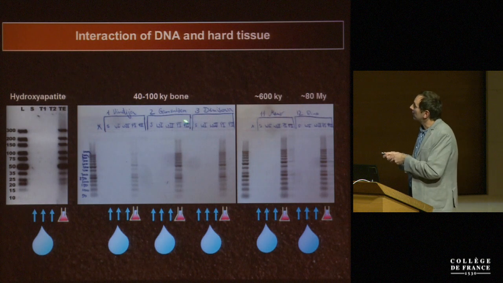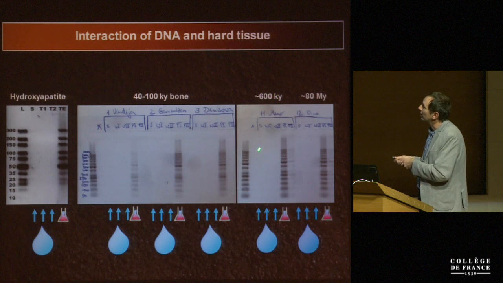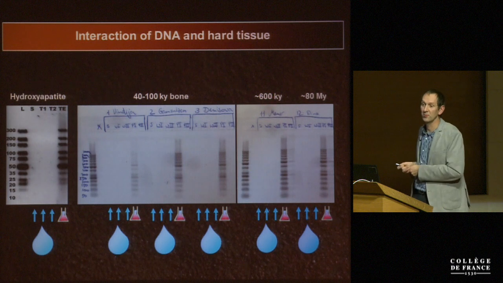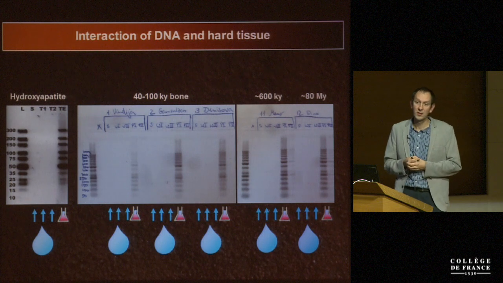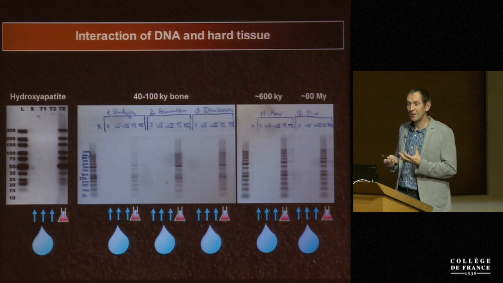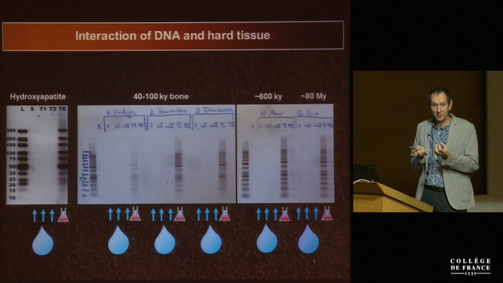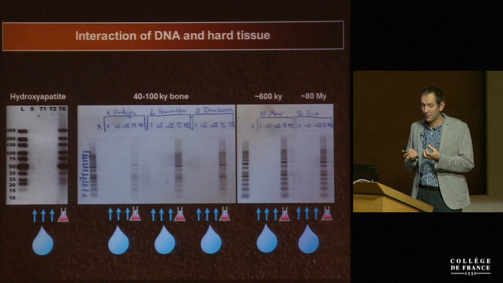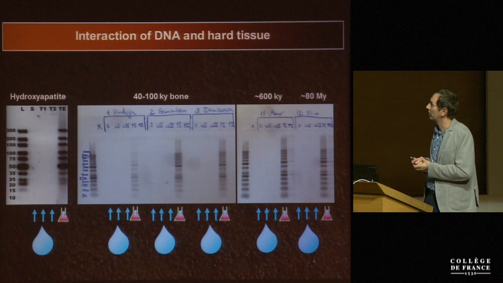And this is basically unlimited, so you can take a very old bone, 600,000 years, and you will see the same effect, and you can even go down to a dinosaur bone, and you can still bind DNA very efficiently to a dinosaur bone. So this is a great gift to us from nature, that the DNA preserves so nicely in hydroxyapatite, which is one of the major components of bones and teeth.